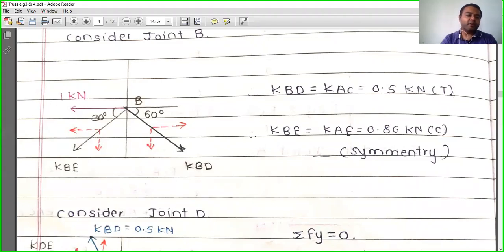You are not required to solve joint B. The total structure is symmetric, that's why you are not required to solve.